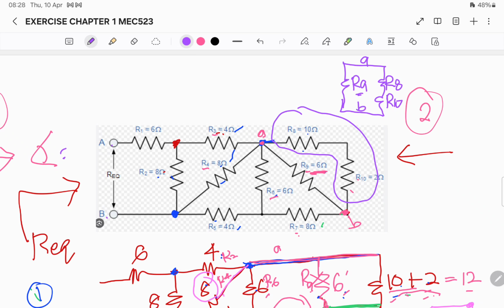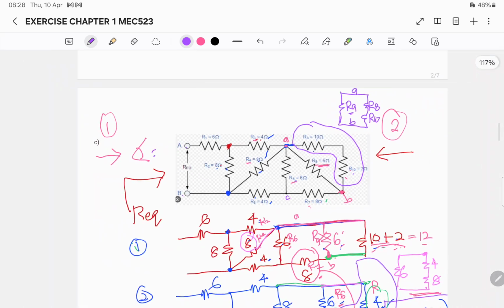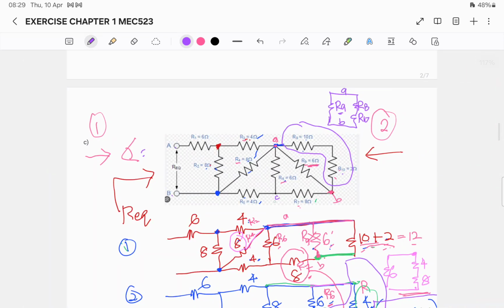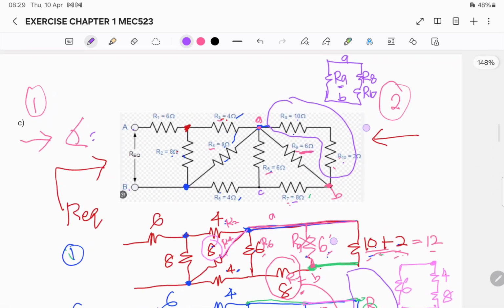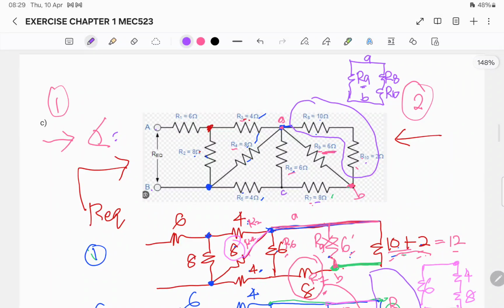Let's say there is point A at the top, point B at the bottom. From point A to point B we have R9. We also have R8 and R10. And this is point C. From B to C there is R7. So the way to read it, from point A to point B there is R9, R8, R10.